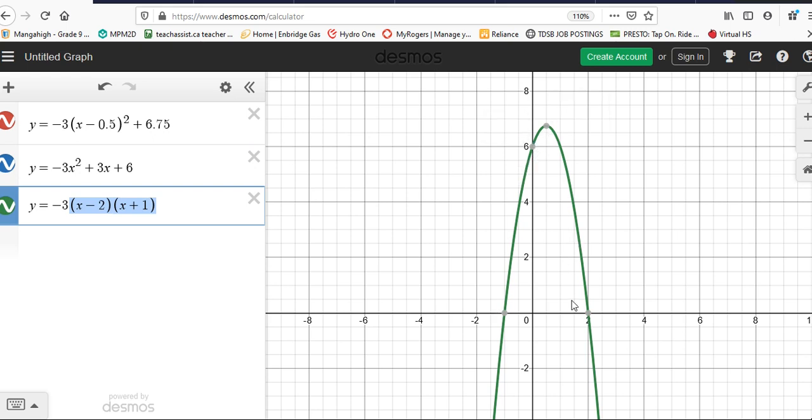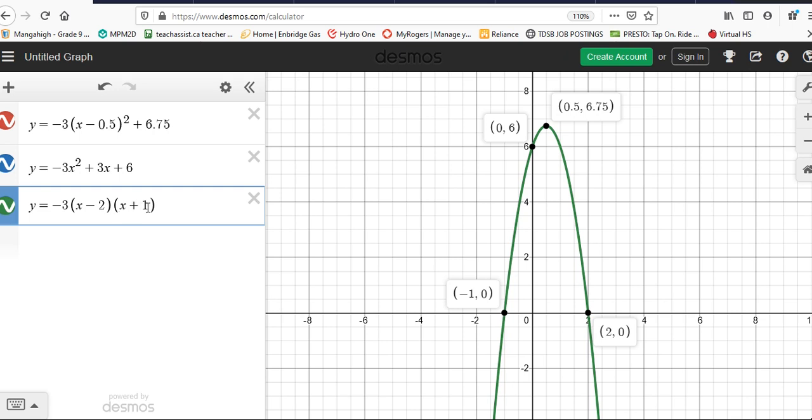I didn't put those in, I just typed in the equation and they showed up because these are key characteristics of a parabola. Unlike a line, y equals mx plus b, b being the y-intercept, m being the slope, a parabola has more than just two characteristics. We have our y-intercept, our vertex, and then our x-intercepts.